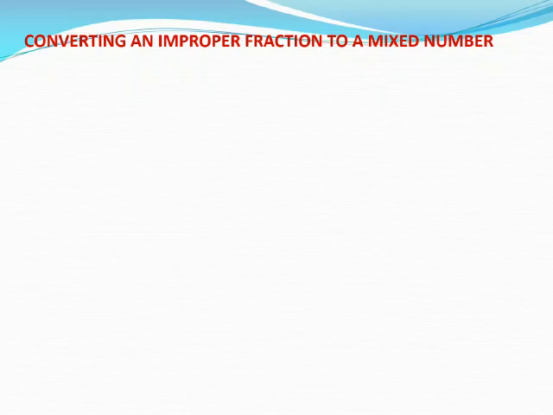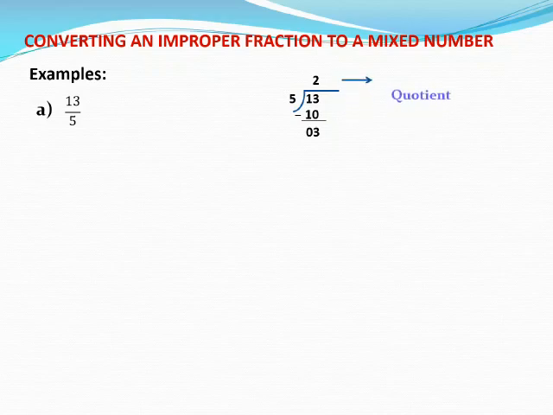So how can we convert if the figure is not given, and what are the steps? Let us see. First example, 13 by 5. That's an improper fraction. We are going to convert this into a mixed number. First step is we have to divide 13 by 5, and we have to get the quotient and the remainder. What is the quotient here? It is 2 and the remainder is 3.